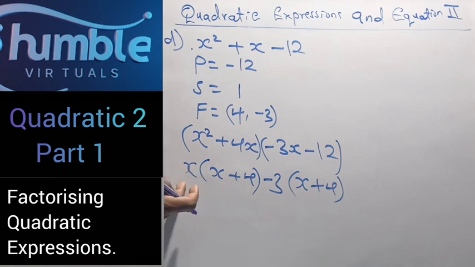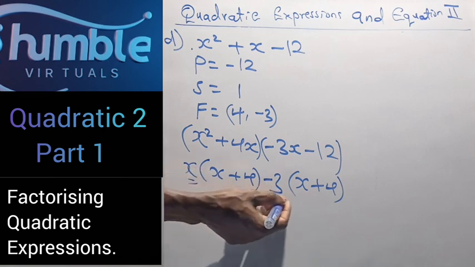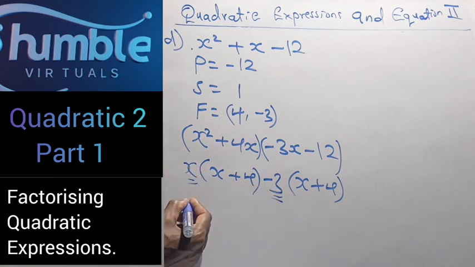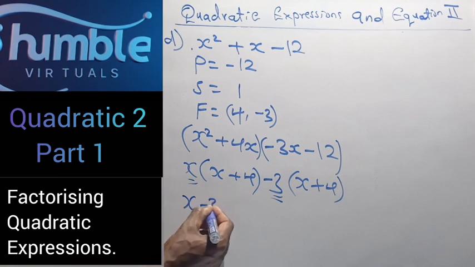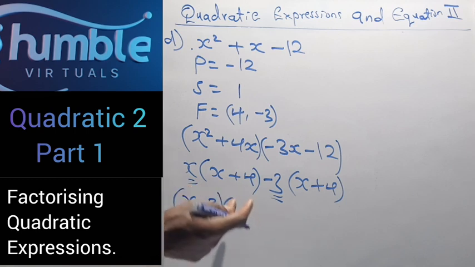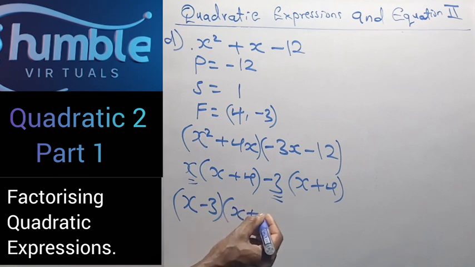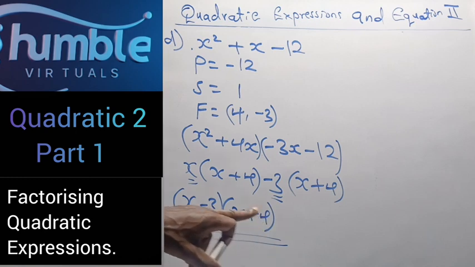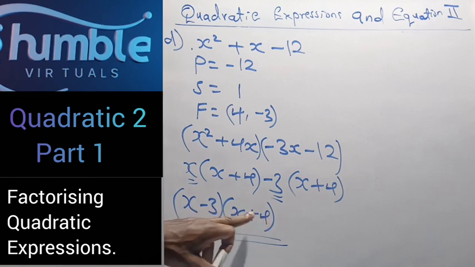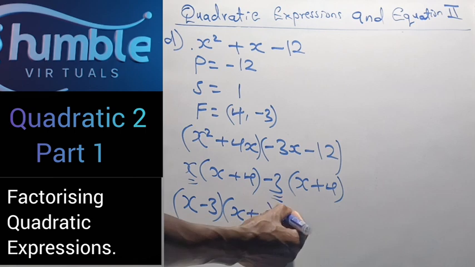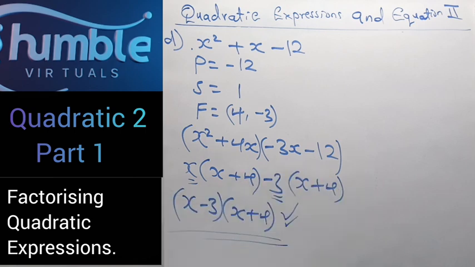Then pick the numbers outside the bracket and put in one bracket, so we shall have x minus 3. Then pick one of the similar brackets here, x plus 4. And in this case, we leave it at that point because there are different numbers in the bracket. So this becomes the final answer.